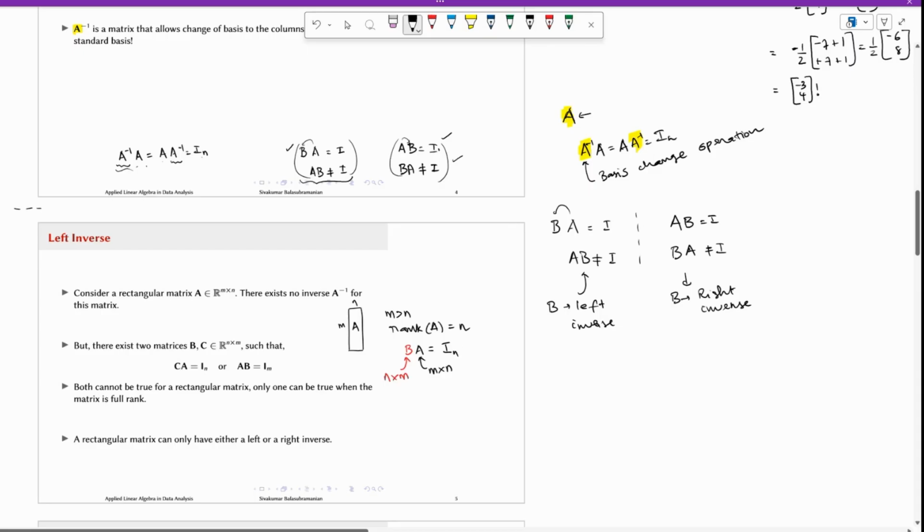N. It will be I_N. Okay, that means you have the left inverse B multiplied by the original matrix A, then you get I. In fact, this is the identity matrix, 0 below, 0 above.